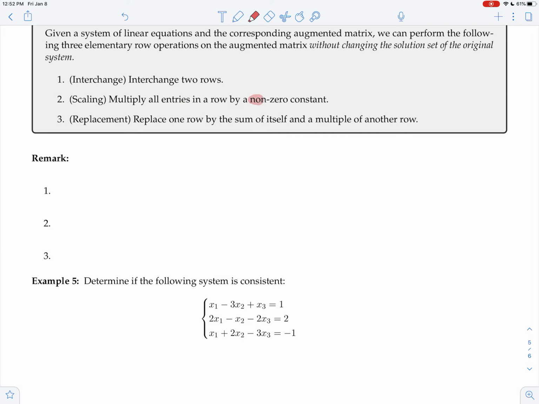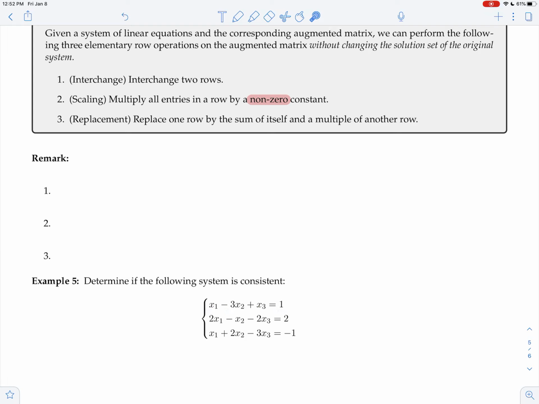Let's highlight non-zero there. That's really key. You multiply by 0, you lose the equation and you've changed the system. So you can multiply by non-zero constants. So if I want, I can replace this equation with 10x1 minus 30x2 plus 10x3 equals 10. Or the line in my matrix would go from 1, -3, 1, 1 to 10, -30, 10, 10.